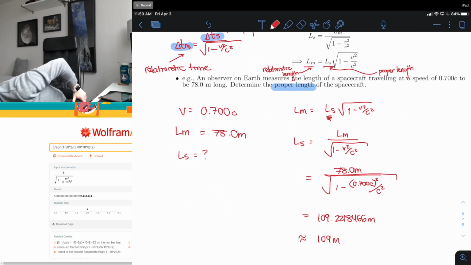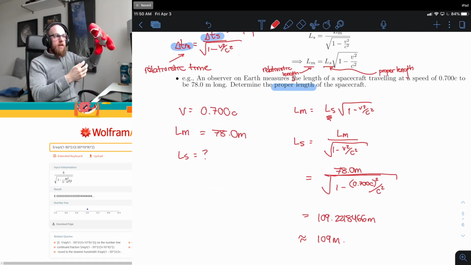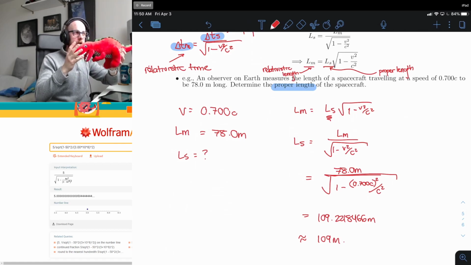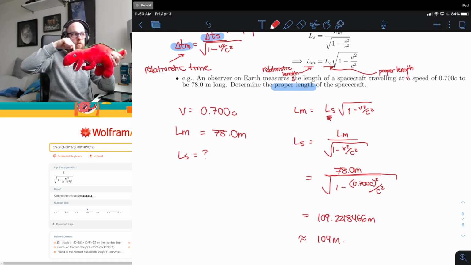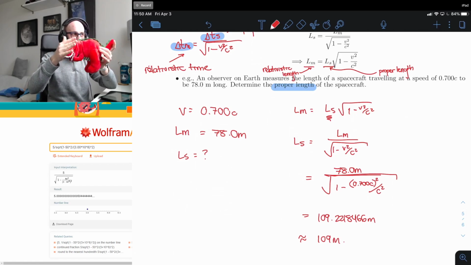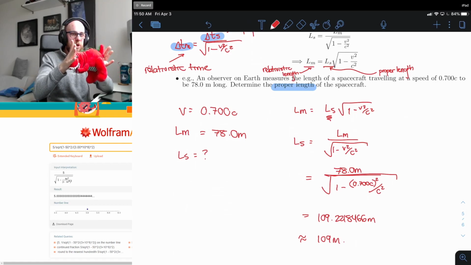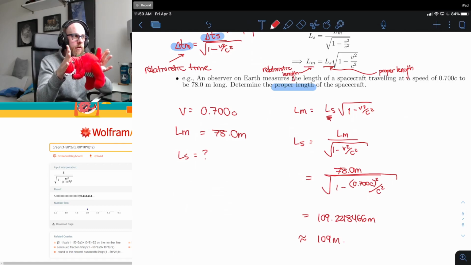Okay, so you take this dinosaur, and this dinosaur is traveling close to the speed of light, right? And so when we observe this from a stationary frame, we would observe it squished in the direction that it's traveling, okay? And so that's how length contraction works. You see it squished in the direction of travel, okay?